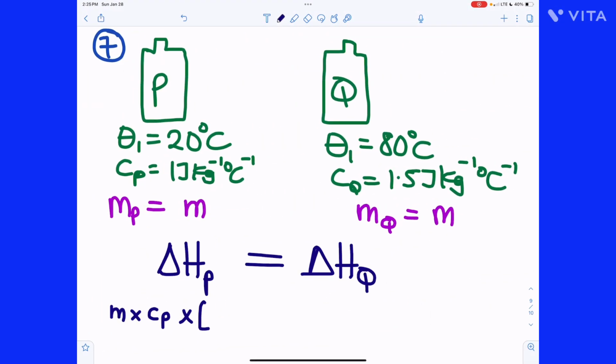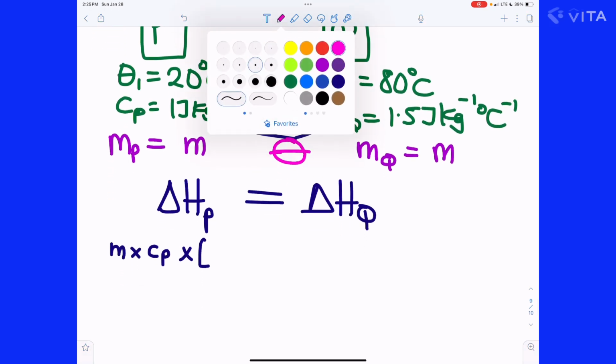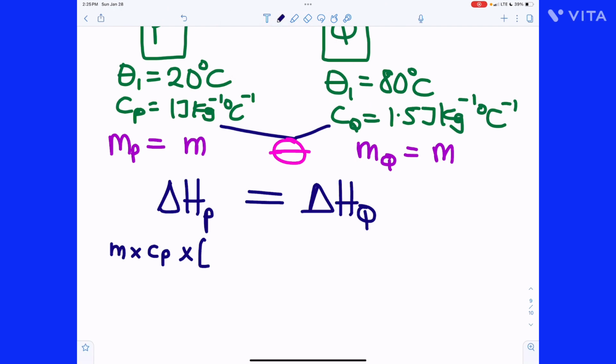The two of them mixed and came together, and we are looking for their equilibrium or final temperature, theta, after mixing. So that's a pretty simple question. Let's just take it one by one. Heat change in P is mass of P times specific heat capacity of P times change in temperature of P.